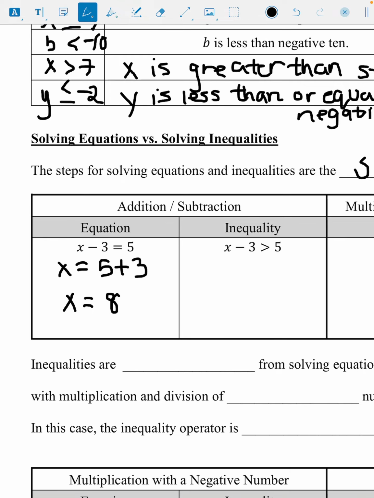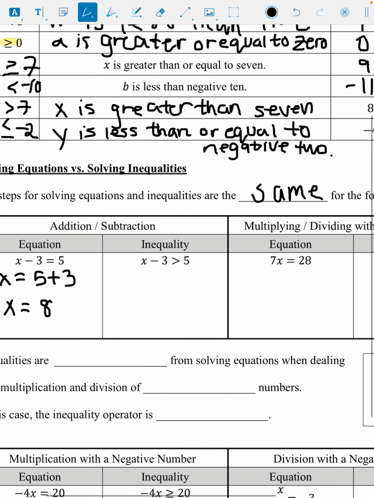Now remember that the steps for solving equations and inequalities should be the same. So when you solve the inequality, you should do the exact same steps when it comes to addition and subtraction. So x is greater than 5 plus 3, which means that x is greater than 8.